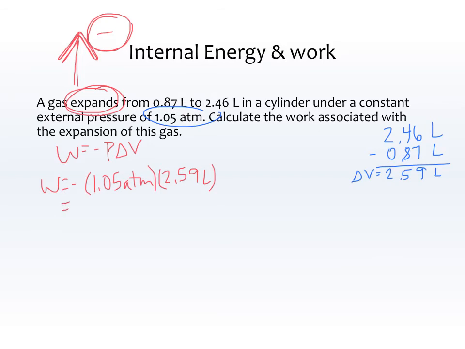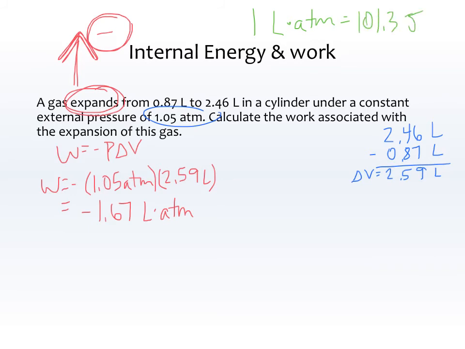And I ended up with negative 1.67 liters times atmospheres, which is a really odd unit. That's not something that we're normally associating with in chemistry, although you do know liters and atmospheres. But I think it's more helpful here to think about joules. So 1 liter times atmospheres is equal to 101.3 joules.